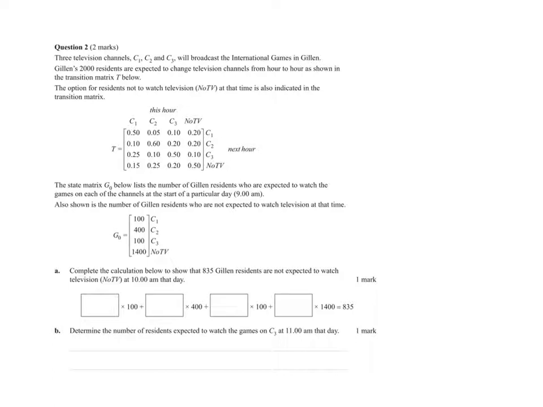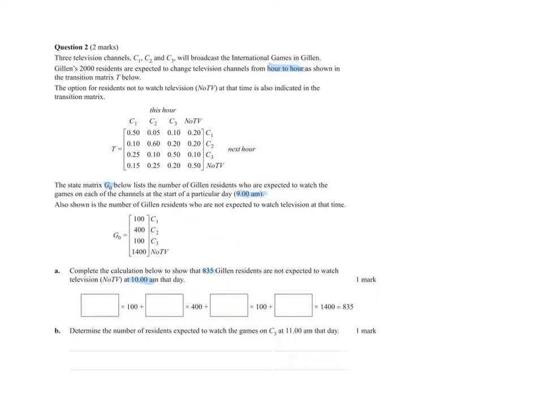The state matrix G0 is listed, starting at 9 a.m. Just remember this is from hour to hour, the state. Complete the calculations below to show that 835 are not expected to watch TV at 10 a.m.